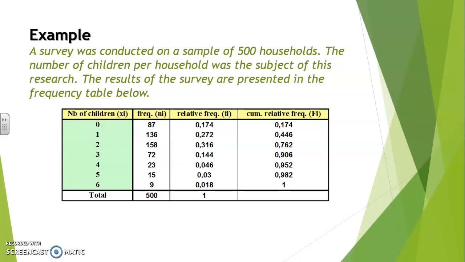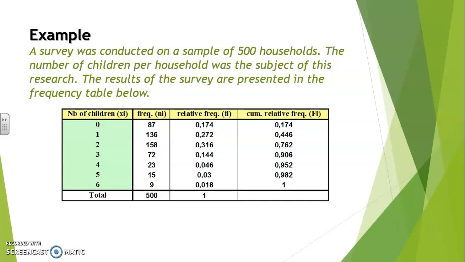So we've observed households that have 0 to 6 children. The second column represents the frequency, so the number of times each of these observations was noted. So 87 households revealed having no children, 9 households revealed having 6.